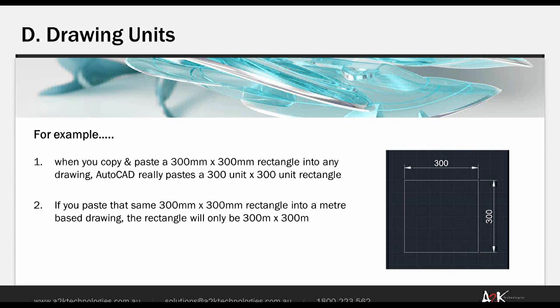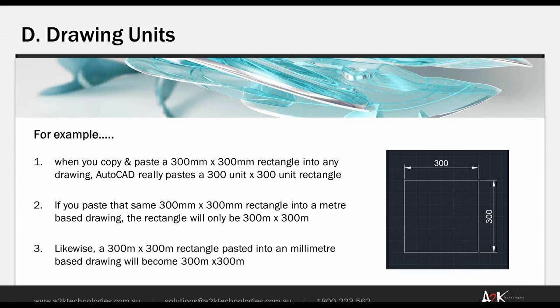It's still 300 units, but because we've assigned a unit to it, it has meaning then. So we start drawing, we assign 1 unit as 1 millimeter, so therefore it's a 300mm rectangle. If we're drawing in meters, it's 300 meters by 300 meters. And likewise, if you take your 300 meter by 300 meter rectangle and paste it into a millimeter drawing, it actually becomes that.